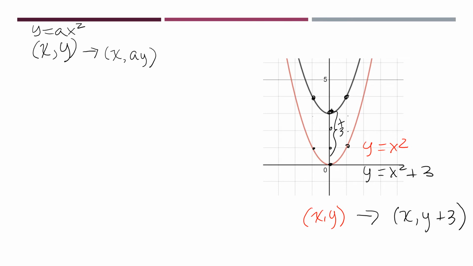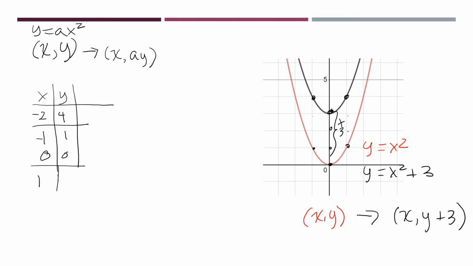So if you looked at your parent function, if you had x, y, it was -2, 4, -1, 1, 0, 0, 1, 1, etc. If we have a coefficient in front of that x squared, we multiply y by that coefficient. So this would be 4a, 1a, 0a, and 1a, no matter what that is.